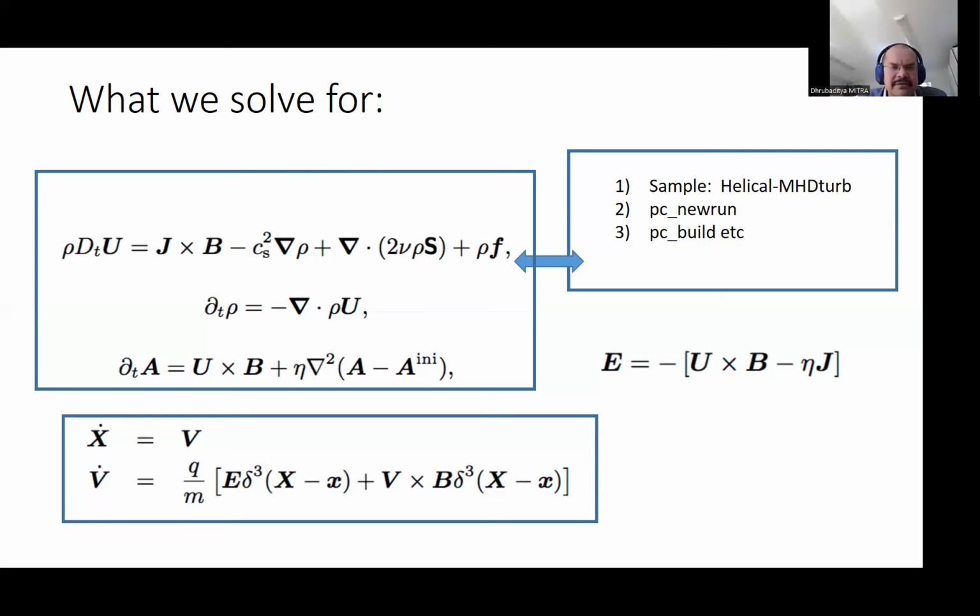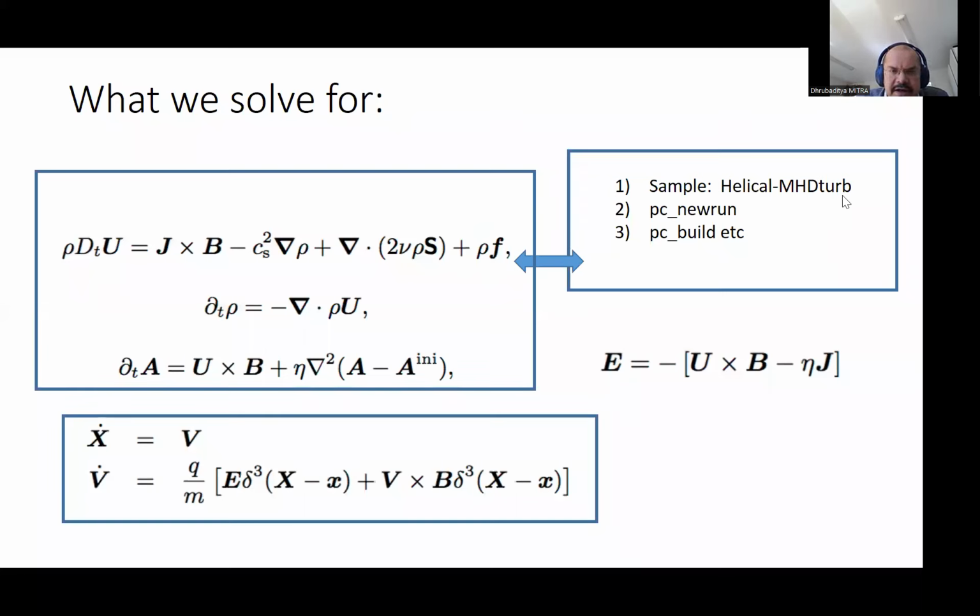Okay, so is everybody with me? We are talking about the flow. And the flow could be anything. For example, the one I am talking about is a flow plus magnetic field, and there is a force that is stirring it, and so on. For this, I am taking the sample helical MHD turb.